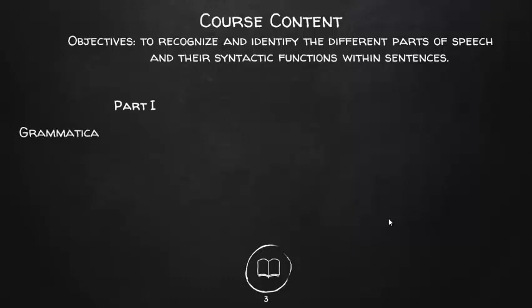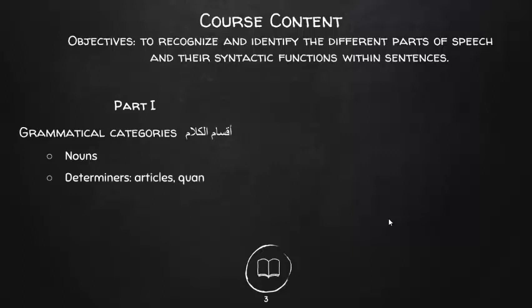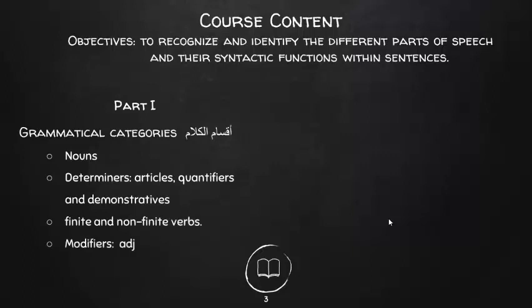There are 2 parts. In the first part, we will tackle the categories such as nouns, determiners, which are articles, quantifiers, and demonstratives, finite and non-finite verbs, then modifiers, which are adjectives and adverbs.